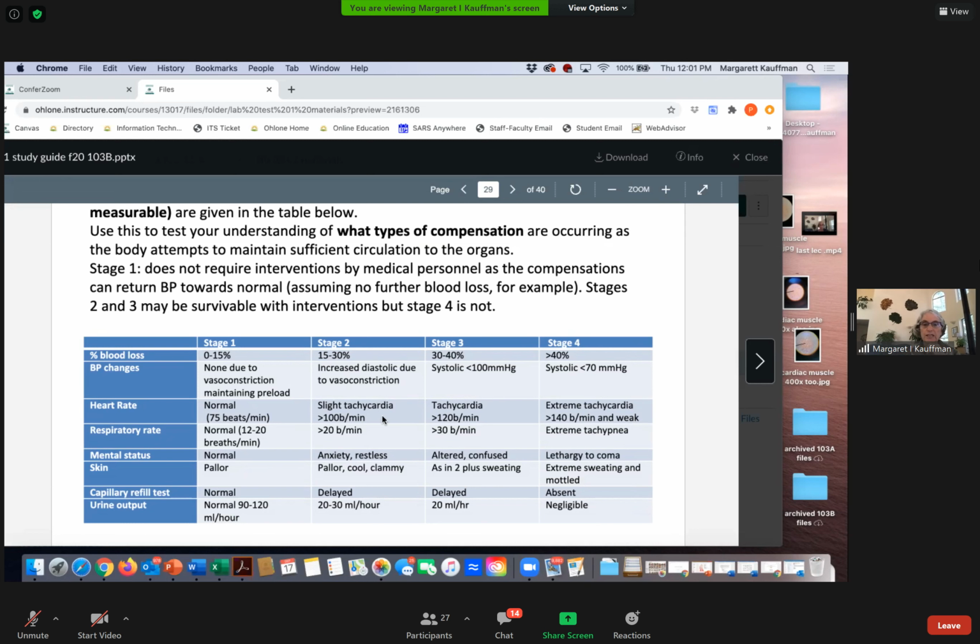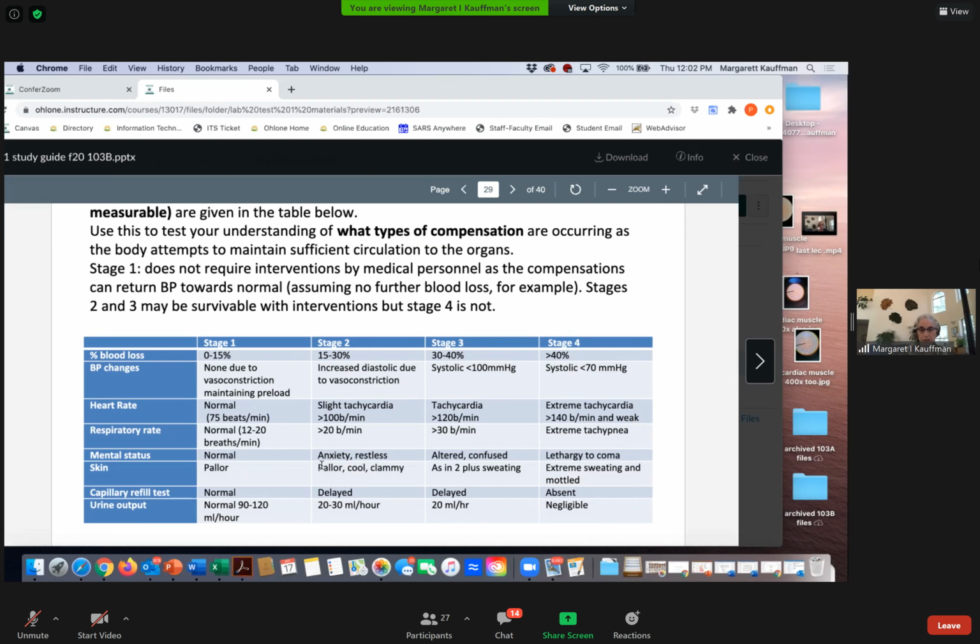Their heart rate and their respiratory rate are going to rise because you're going to have activated your sympathetic nervous system to do that vasoconstriction. So, of course, the heart rate's going to go up and your breathing rate is going to match it. You may not be getting as much blood to your brain. That may be causing this, but you're also activating your sympathetic nervous system, which means that psychologically you are in an emergency state.